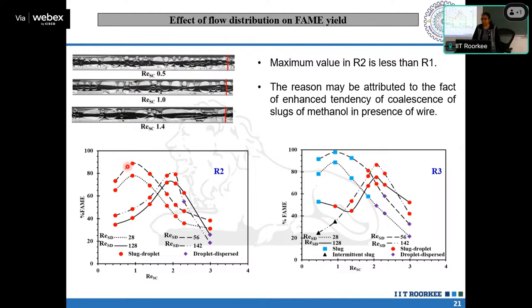Then, in comparison, a single straight serpentine channel without any insertion: the maximum yield we have observed in all these 5 reactors is in R3. It is very close to around 97 or 98%.